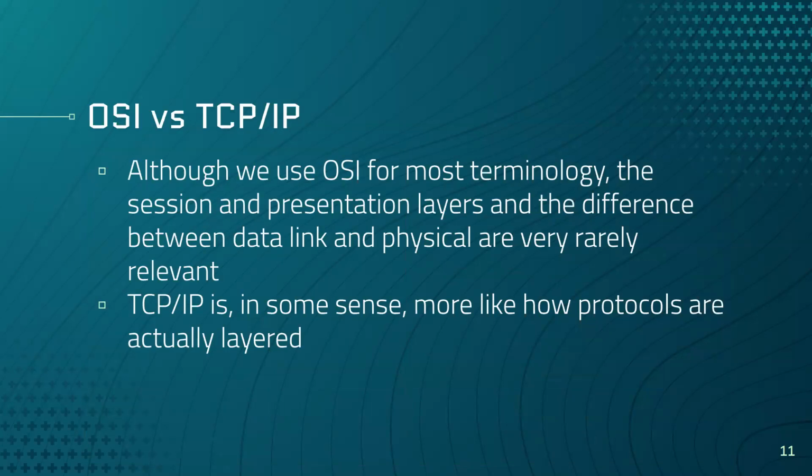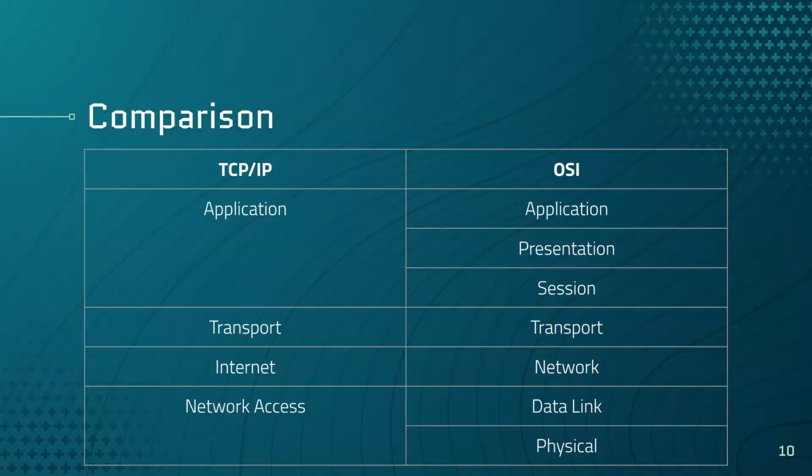The way this works is really weird because most terminology we use for networking comes from the OSI model, but the TCP/IP model is closer aligned to what we actually use in the real world. I think this is easier to show with the diagram. The presentation and session layers, no one ever says anything about those. No one's ever going to mention them. They don't really matter at all.